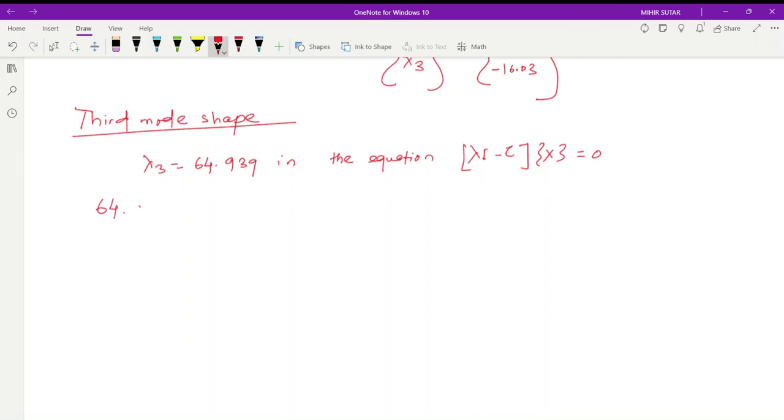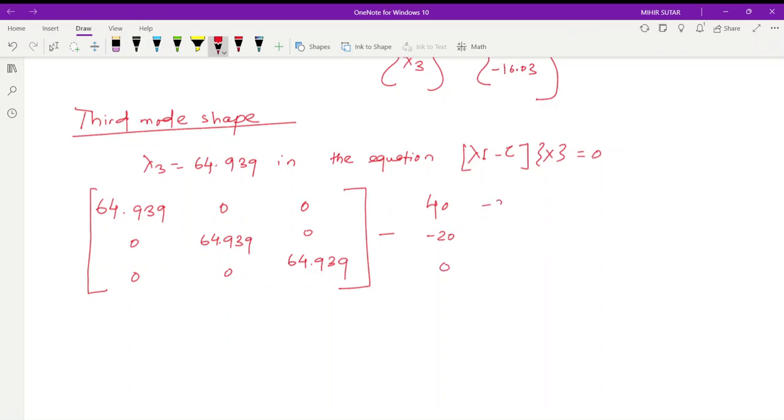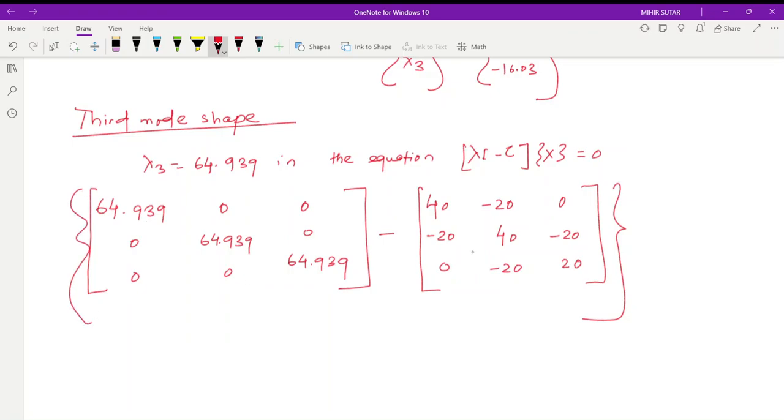So we will have 64.939 on the diagonal, minus 40, minus 20, 0, minus 20, 40, minus 20, 0, minus 20, 20, whole into x1 x2 x3, okay, that is equal to 0.